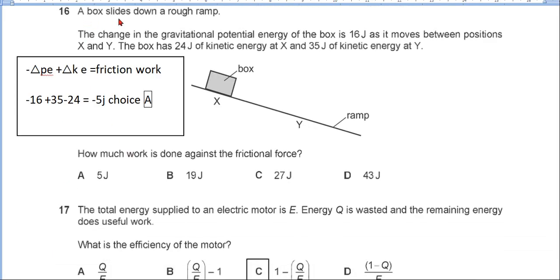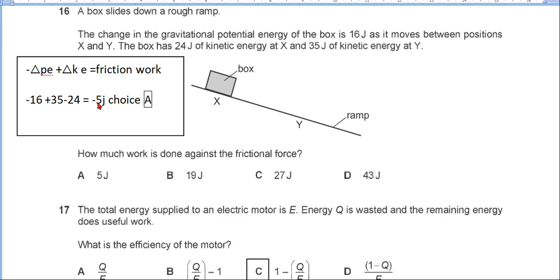Question 16. A box slides down a rough ramp. The change in its gravitational potential energy is 16 joules as it moves between positions x and y. The box has 24 joules of kinetic energy at x and 35 joules of kinetic energy at y. So the change of potential energy is minus 16, and the change of kinetic energy is 11.